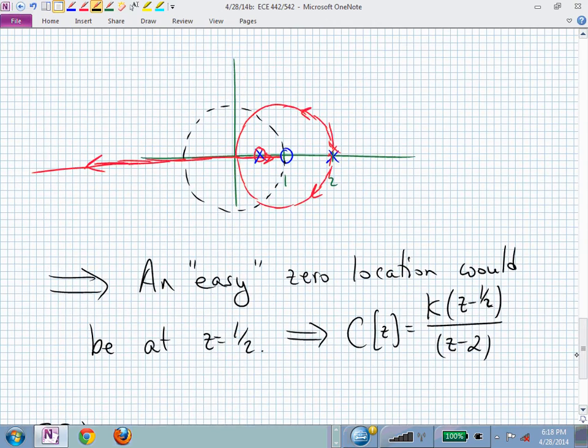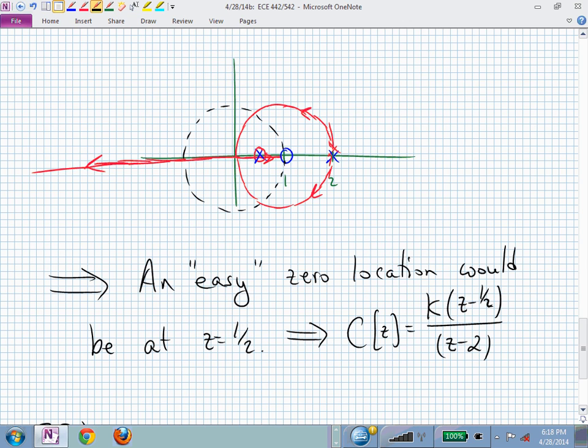And our controller now, we've pulled out our pole shaker and put one at 2, an unstable controller. We pulled out our 0 shaker and sprinkled one at 1/2. And we just have a first order controller to try to stabilize this unstable system that we started with.